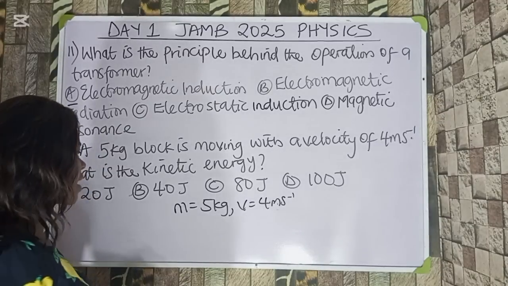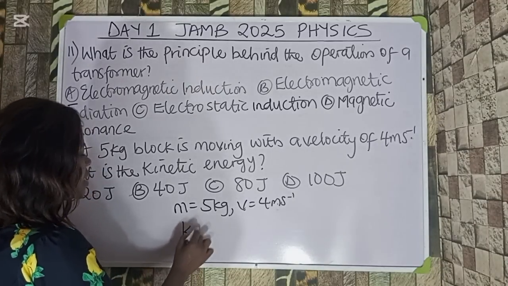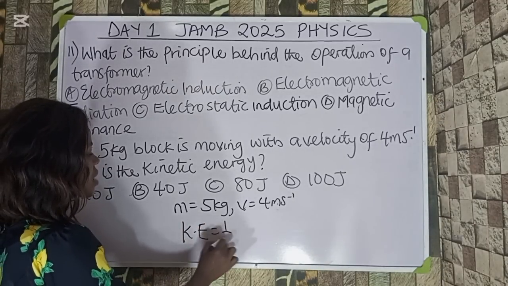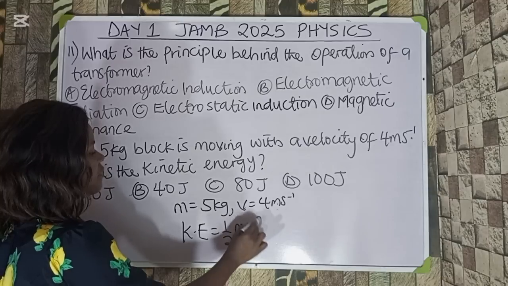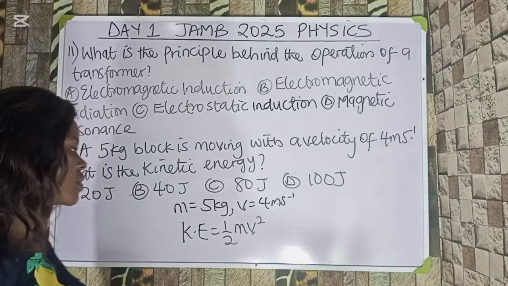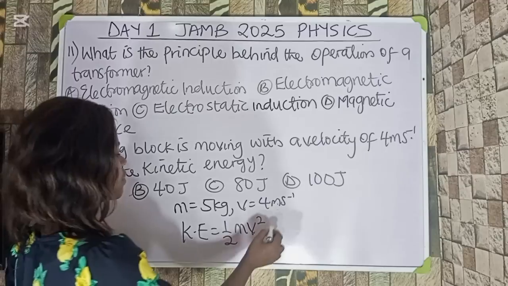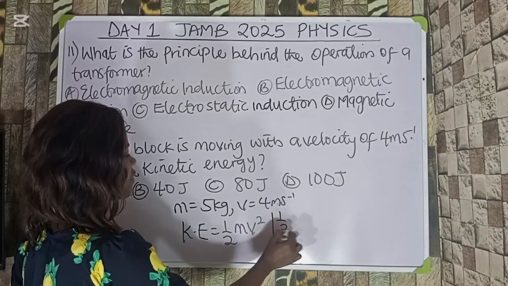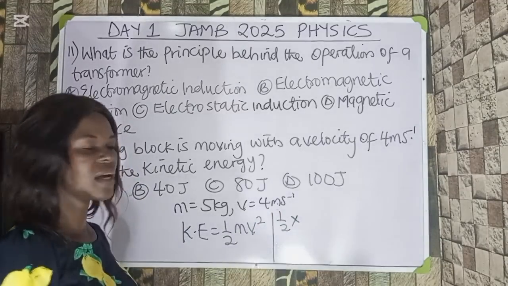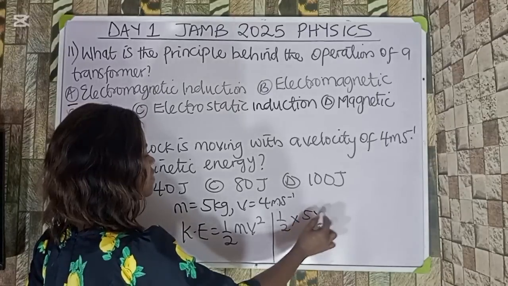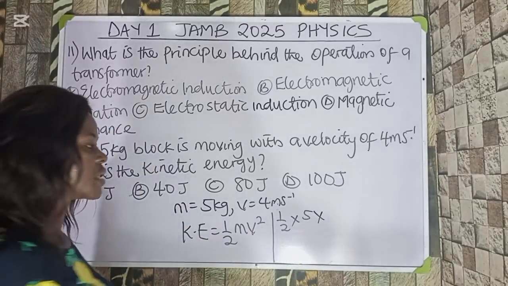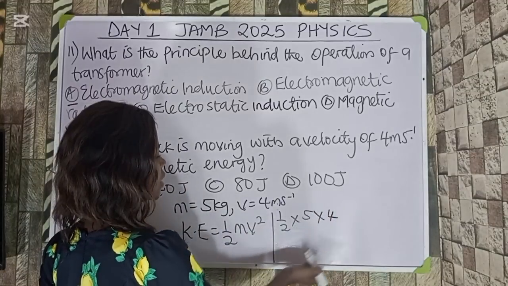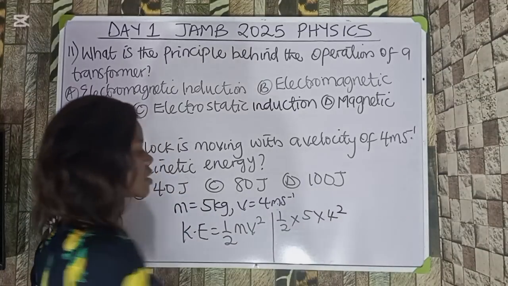We are asked to calculate the kinetic energy, and the formula for kinetic energy is half mv squared, right? So let us put the values that we have. We have half times my mass, which is 5, times my velocity, which is 4, squared.